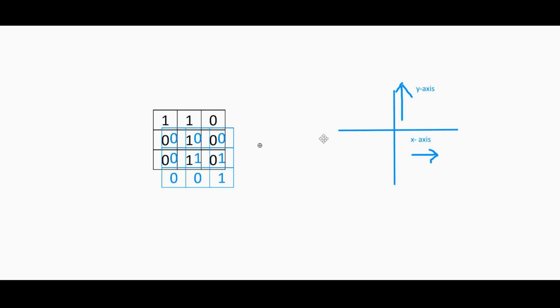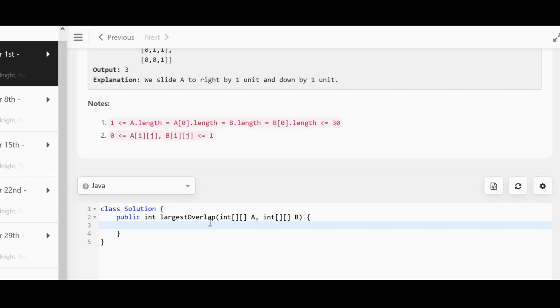Okay, so let's see the code. As I said, first we'll have to go over the rows and columns for the shift. So let's say int row shift equals 0, shift is less than n, since it's an n by n matrix.